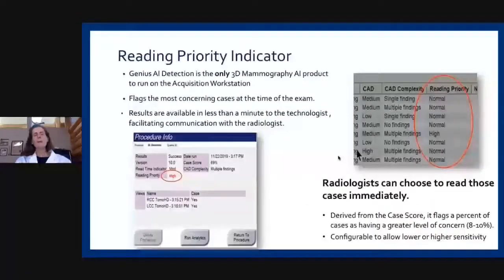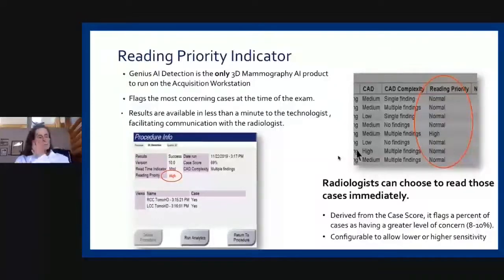The reading priority indicator also, again, if there are multiple findings, if there's something very concerning, it can give you a higher reading priority. So again, you could potentially utilize that in a different fashion, so that maybe you do the higher priorities earlier in the day or while the patient's there, rather than at the end of the day.